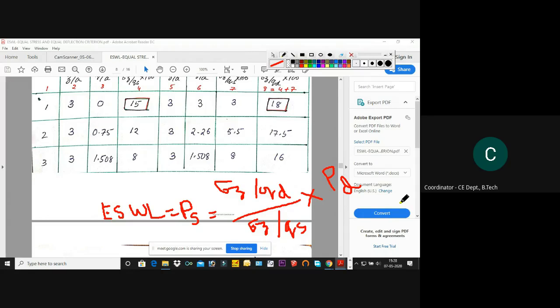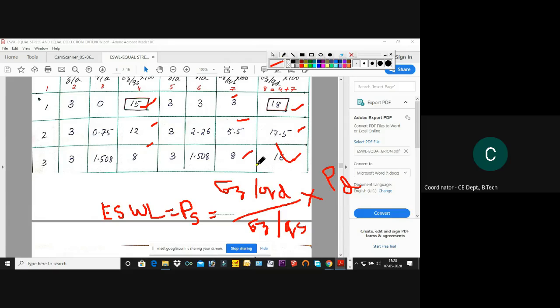Now this sigma z by q d we will get from this column, which is for dual combination. And we will get the other term from these: 1, 2, 3, 4, 5, 6. There are 6 values for this one and 3 values for the numerator term.